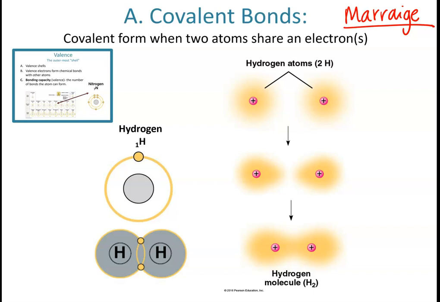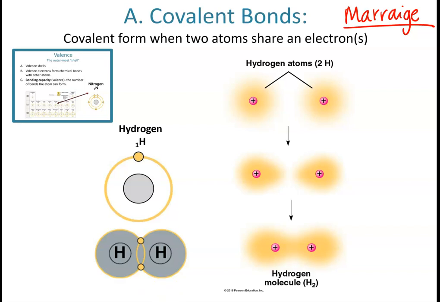So that's why I like to think of it as a marriage. It's a long-term agreement in which the elements share electrons between them. So if you think about a marriage or even just a long-term relationship, you share a lot of things, right? So in a covalent bond, you have two atoms sharing their electrons.